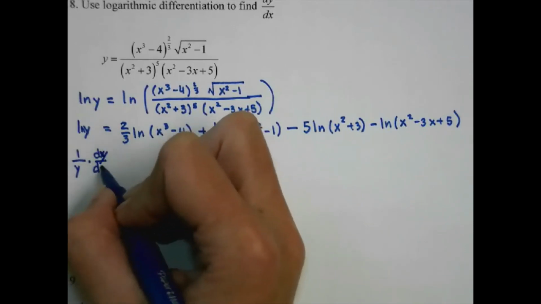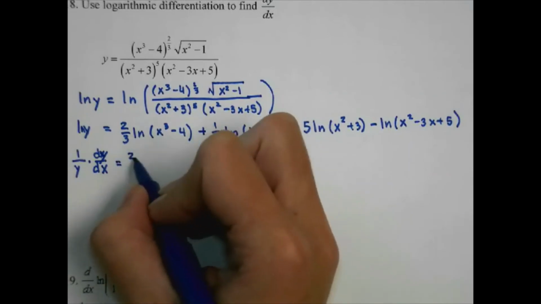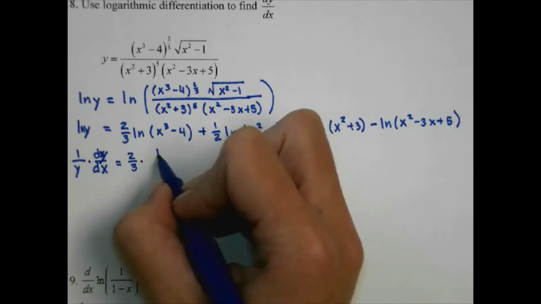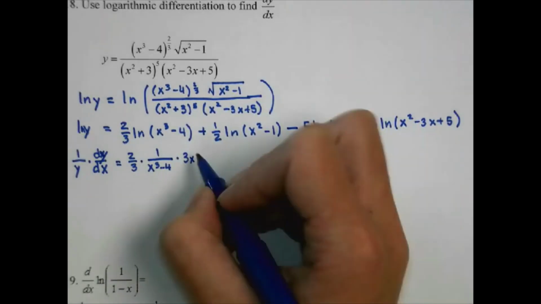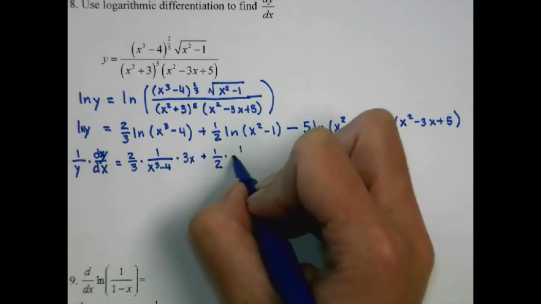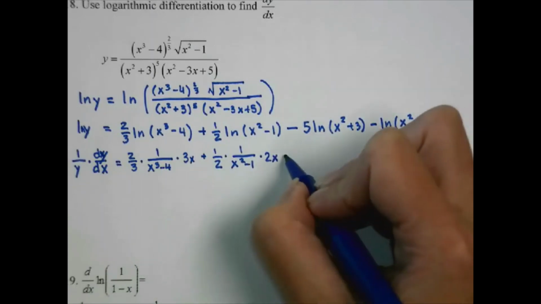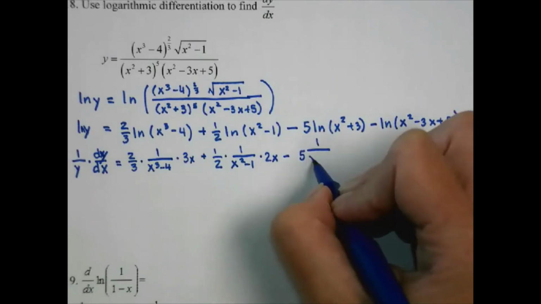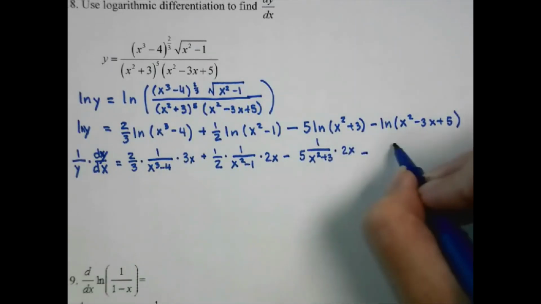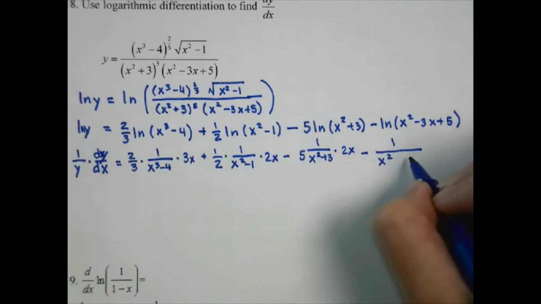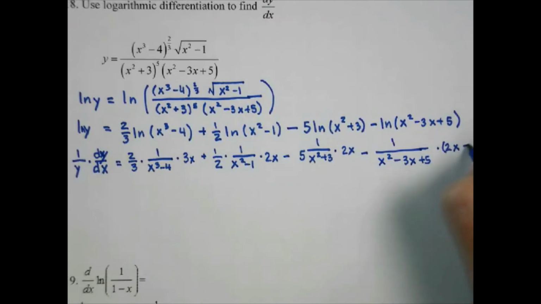So dy dx, so 1 over y times dy dx equals, okay, we're going to have 2/3 times 1 over x cubed minus 4 times the derivative of x cubed minus 4, which is 3x squared, plus 1/2 times 1 over x squared minus 1 times the derivative of that, which is 2x, minus 5 times 1 over x squared plus 3 times the derivative of that, minus 1 over x squared minus 3x plus 5 times the derivative of that, 2x minus 3.